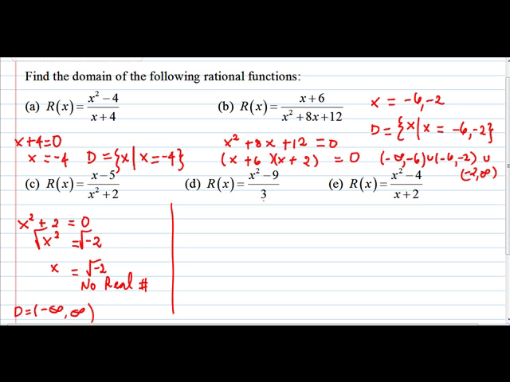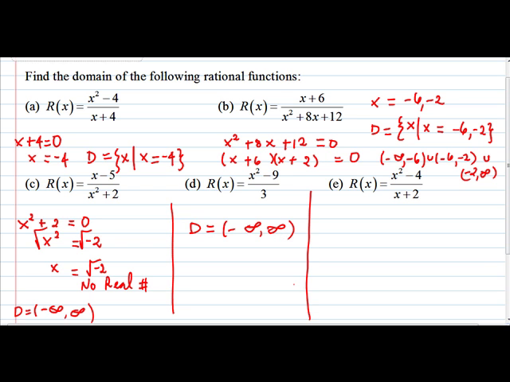So that means our domain here is all real numbers, because whatever x value we put into our function here, our denominator cannot equal 0, it's always equal to 3. So therefore, our domain is all real numbers.